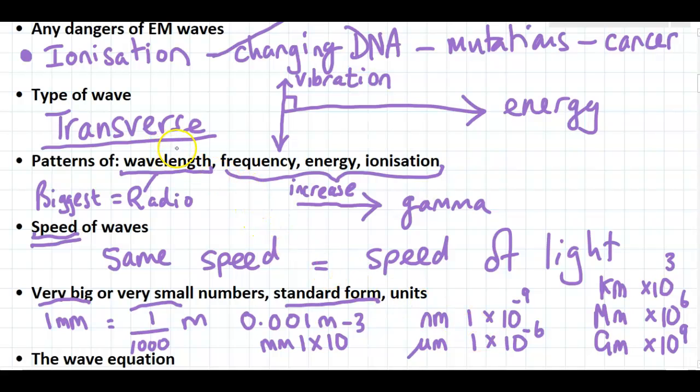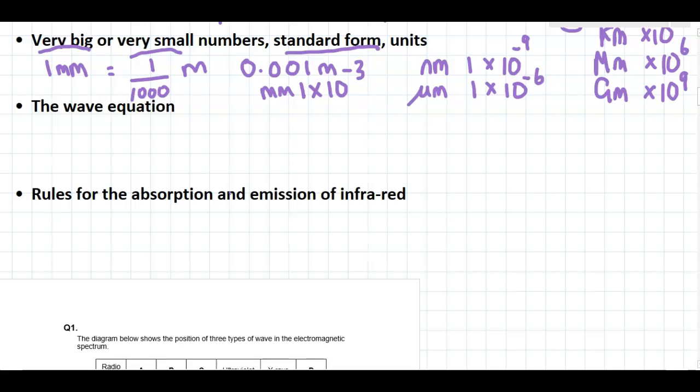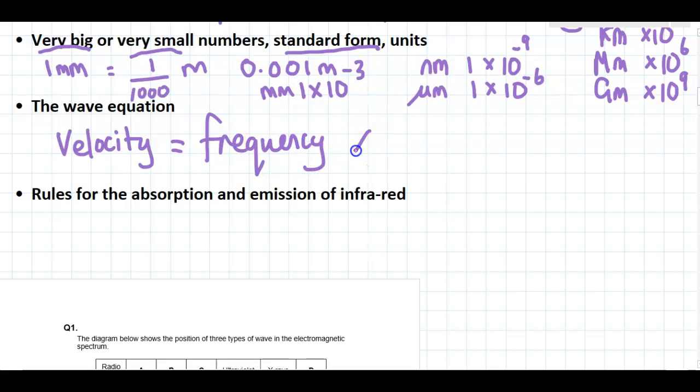Remember, our units need to be meters for wavelength and hertz for frequency. Okay. In the last topic, we used the equation to link these things together, and we said that the velocity of a wave is equal to the frequency multiplied by the wavelength.